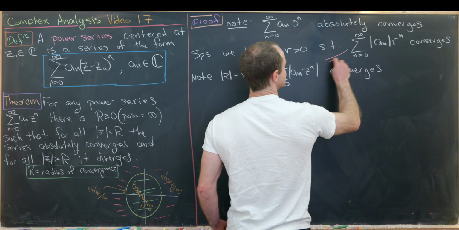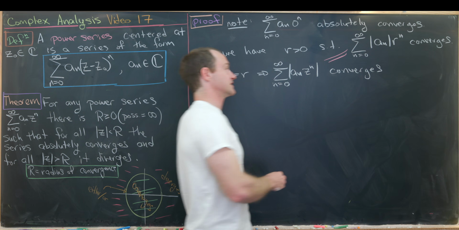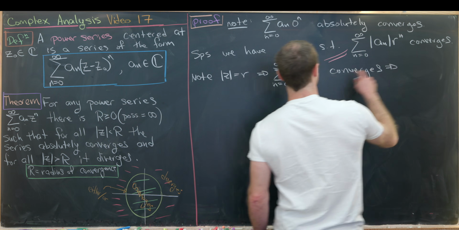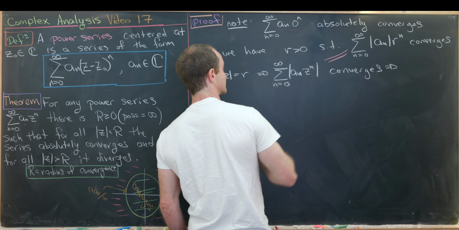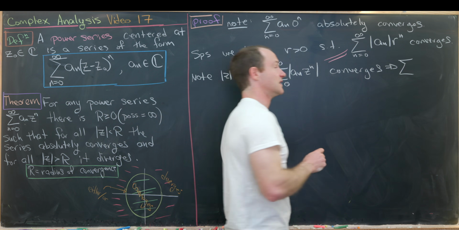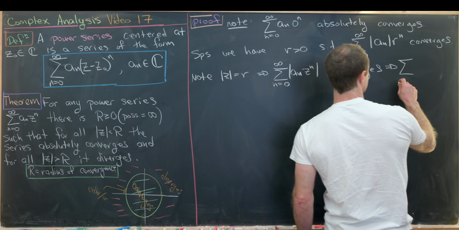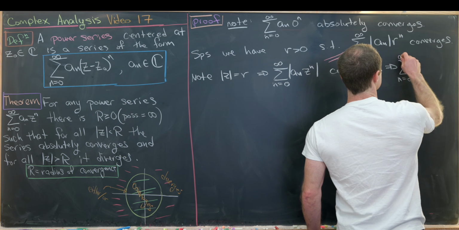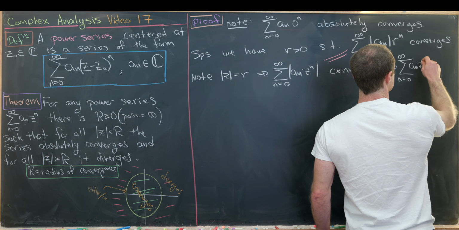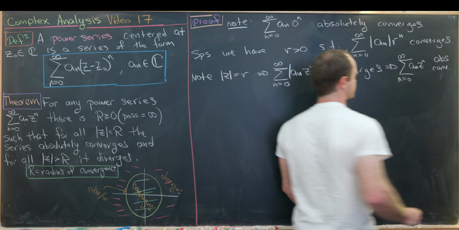Well, that's because that's equal to this thing up here, which we started off assuming converges. But if this sum of the modulus of these terms converges, that means if we take the modulus out, it absolutely converges. That's the definition of absolute convergence. So we have that the sum of a_n z^n absolutely converges.